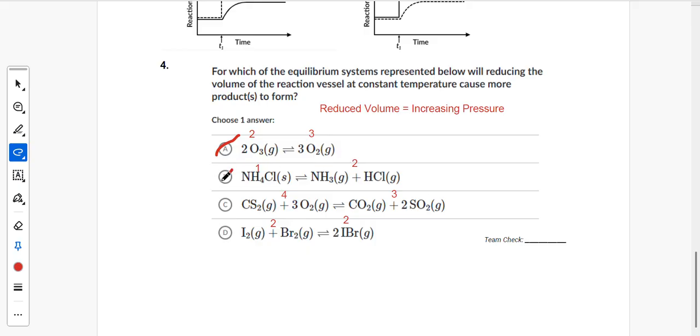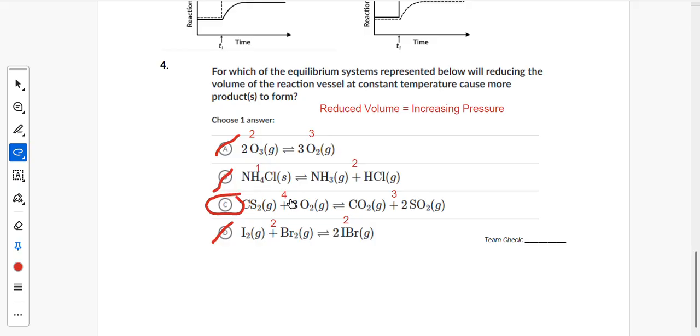Nope, doesn't work for B either, because increased pressure favors the side with fewer molecules. It's the same for D, and the answer is definitely going to be C there for us.